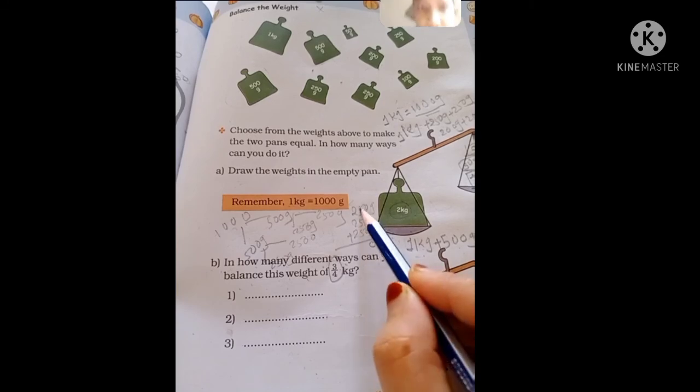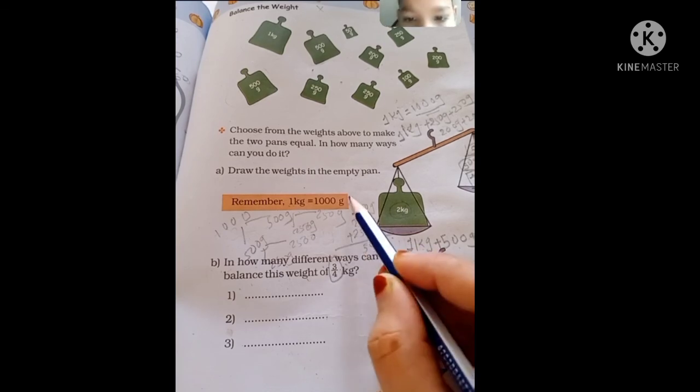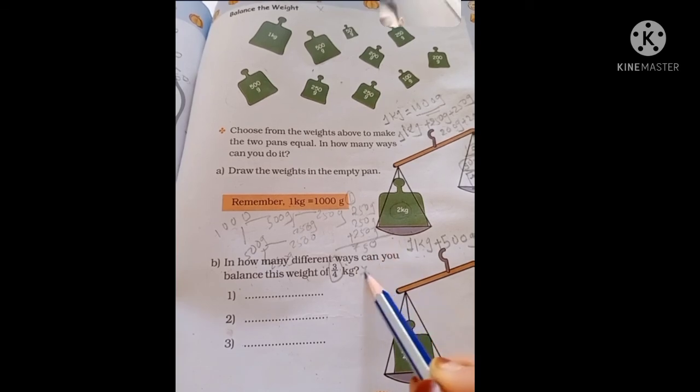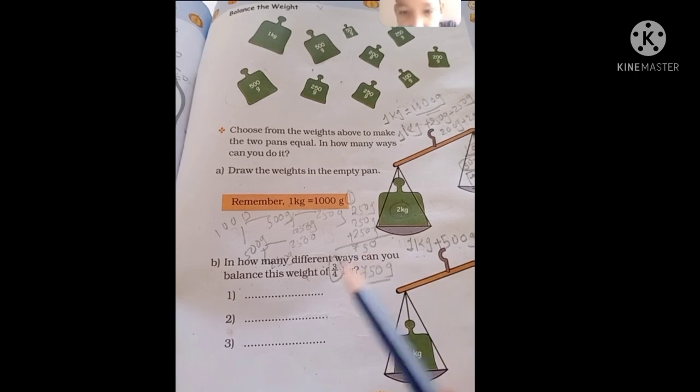So 0 plus 0 plus 0, 0; 5 plus 5, 10, plus 5, 15, 1 carry over; 2 plus 2, 4, plus 2, 6, plus 1, 7. So what answer do we get? 750 gram.